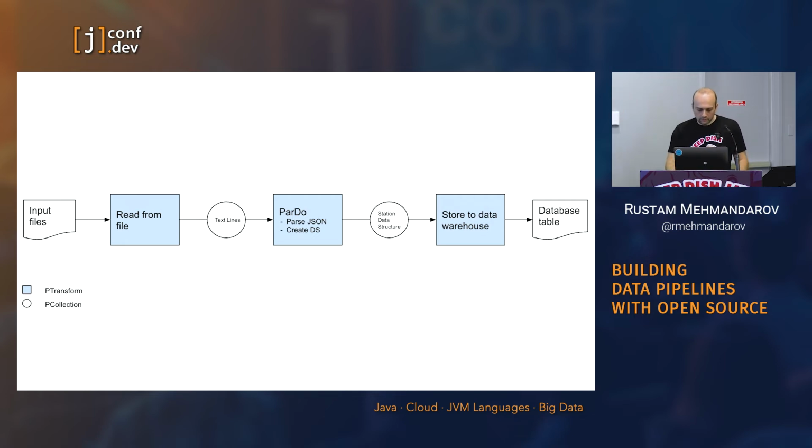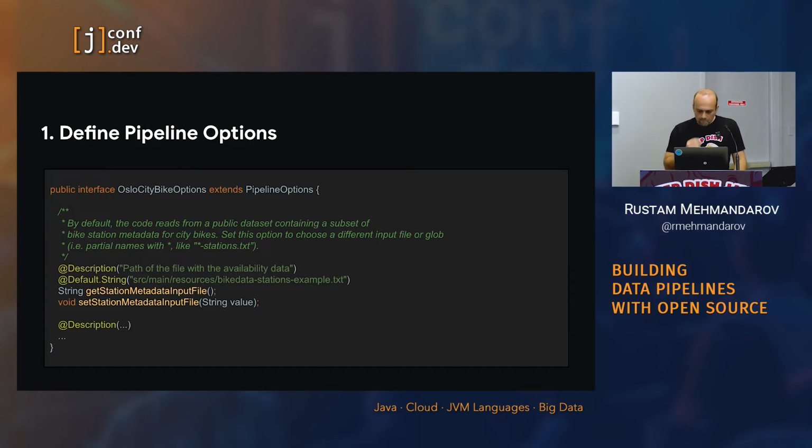How do you do that? Well, first you need to define a bunch of options, which is a really cool thing. It's kind of verbose, but you really get used to that and you get really happy about it because pipeline options can define a lot of default values, so you don't have to supply them again. You say, well, if we're going to use file system, this is the default path for the file system, if I don't specify anything else from the command line.